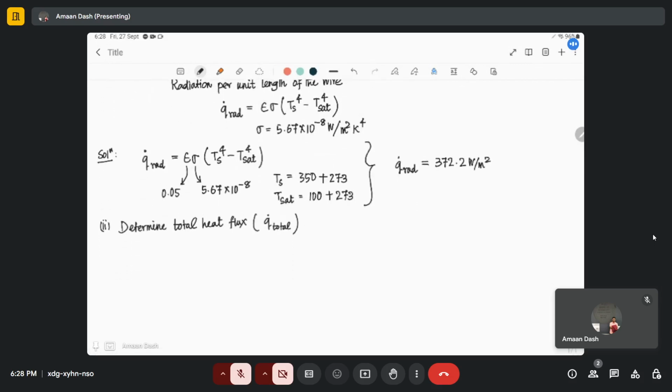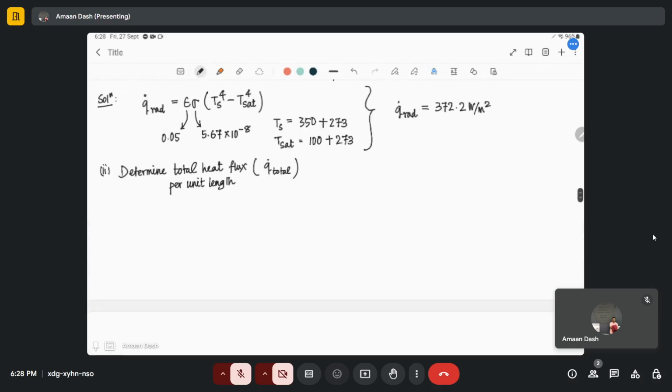So this is total heat flux per unit length using the following correlation. It is given that Q dot of total is equal to Q dot of film plus we have Q dot of radiation.